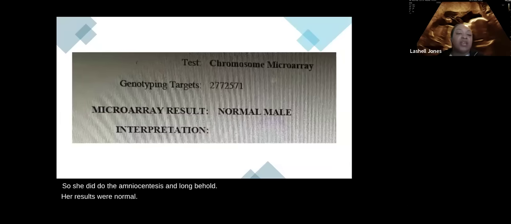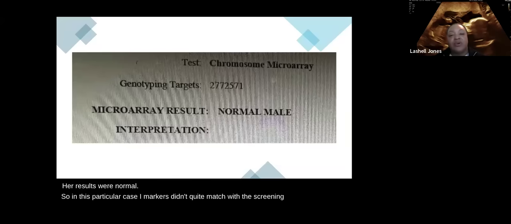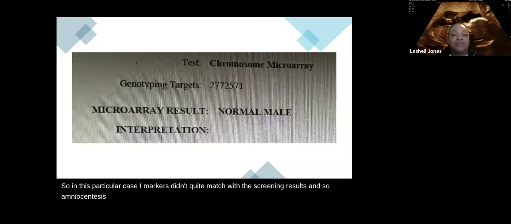So in this particular case, our markers didn't quite match with the screening results, and the amniocentesis was normal. And believe it or not, the thickened neck or nuchal fold resolved. The arm was actually okay.